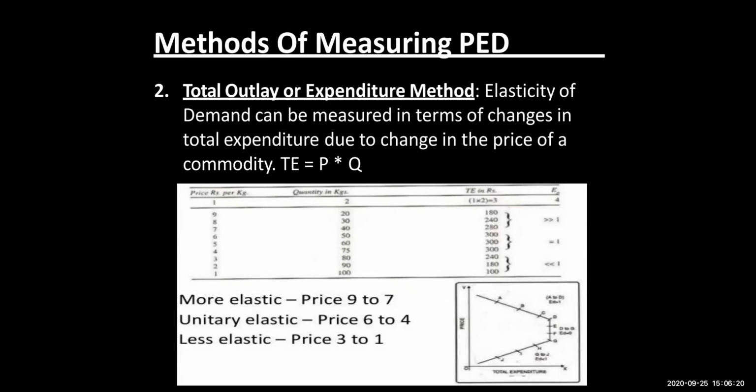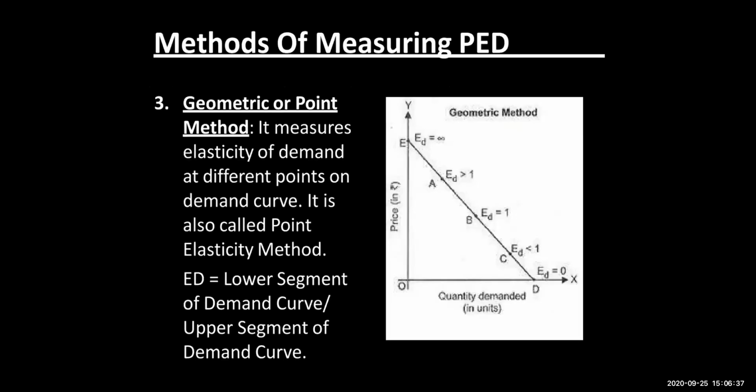The second is total outlay or expenditure method, which means that when you want to measure the price elasticity of demand, we can also use total expenditure method, which simple terms means price into quantity. And the third one is the point method or geometric method.